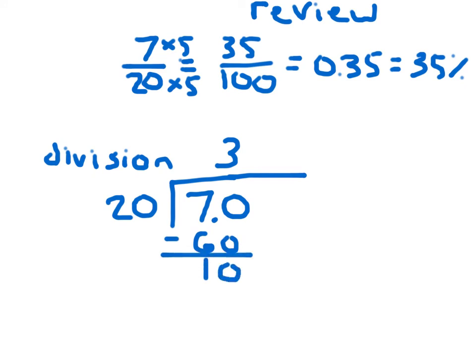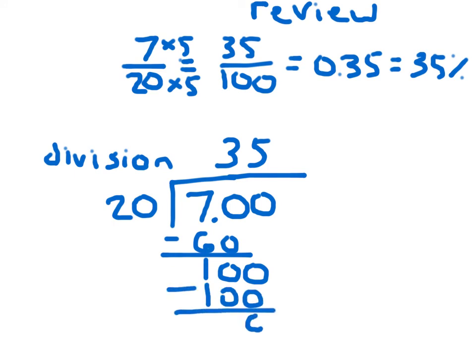And we add another 0 here to bring down another 0. 100 divided by 20 is 5, because 5 times 20 is 100, and 100 minus 100 is 0, so we are done with our division there, and we've made that decimal. So we have this decimal 0.35, and as a decimal 0.35 as before is expressed as 35%.